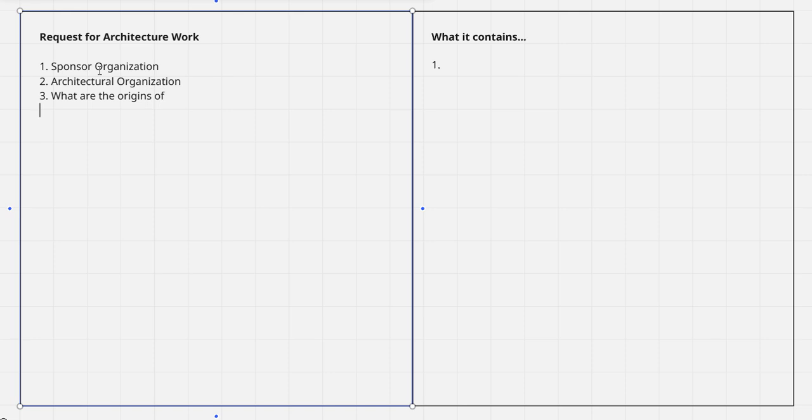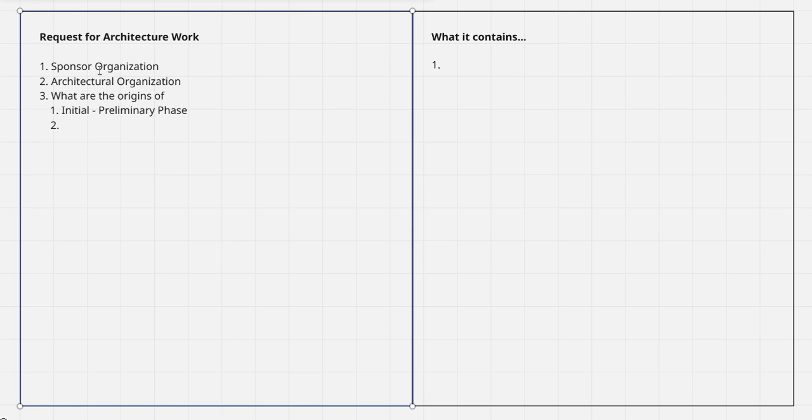of this work? So it can be initial, where in the preliminary phase of ADM, this architecture work can be started. That is the main place where it starts actually.